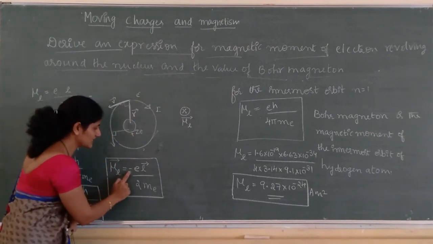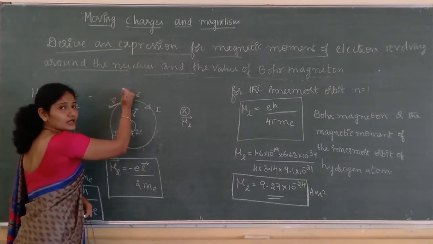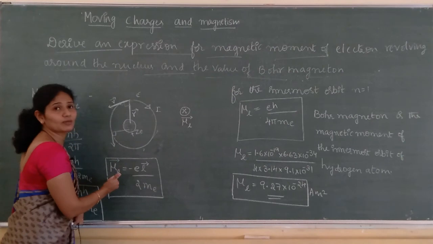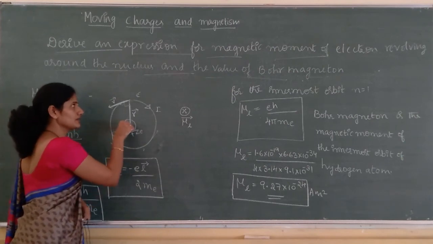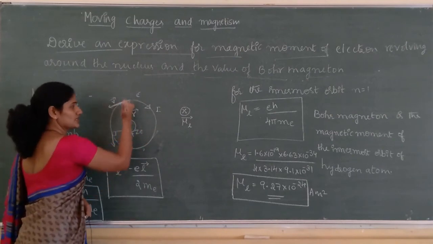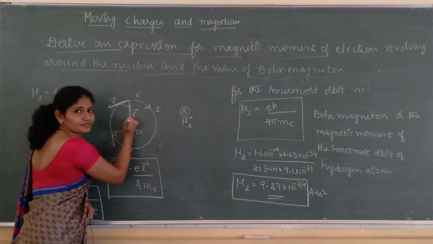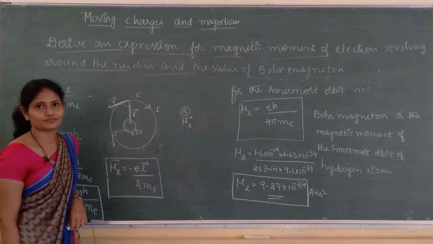So, the negative sign indicates that the angular momentum is opposite to the magnetic moment. This is the direction of L and this is the direction of mu L.